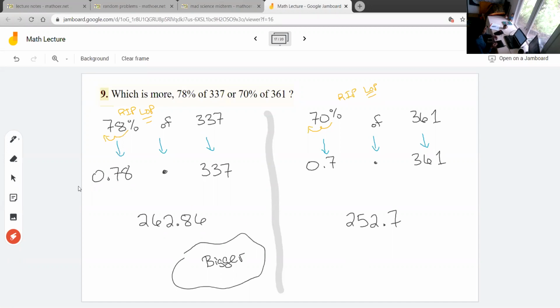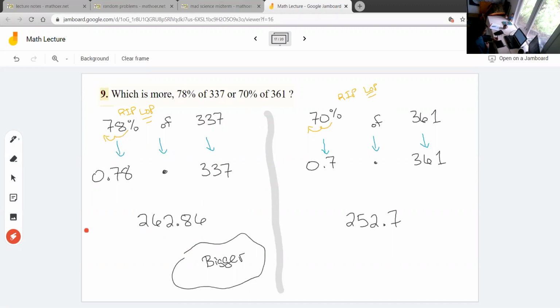If it helps you, imagine there's a label. Maybe, I don't know, a farm bought 337 pounds of compost. There's only 78% left at the end of the planting season, so there's 262 pounds remaining or so on.